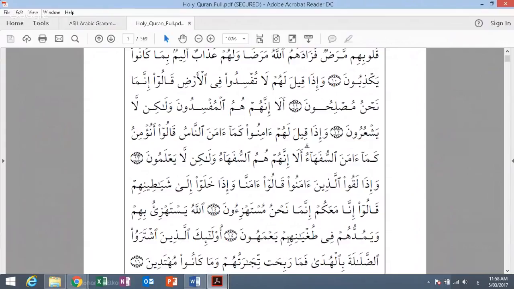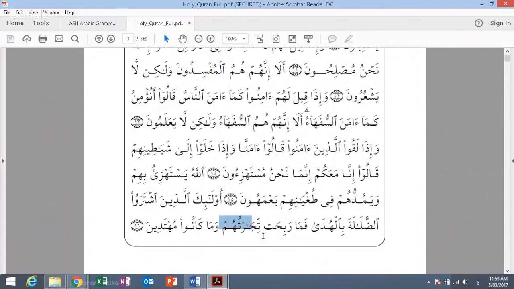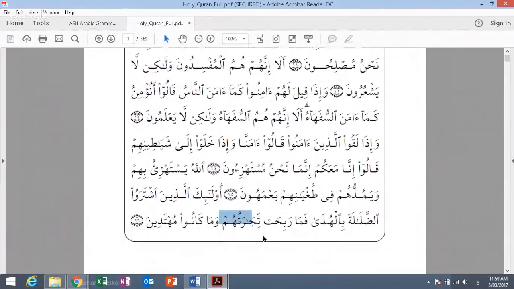Okay, tughyanihim: dhamir muttasil, jama muzakkar ghaib. And tijaratuhum, same thing.